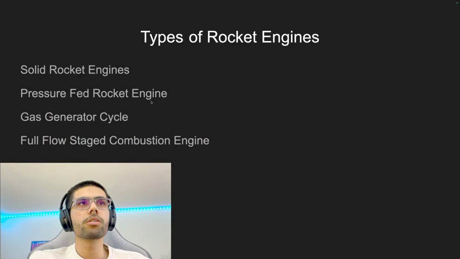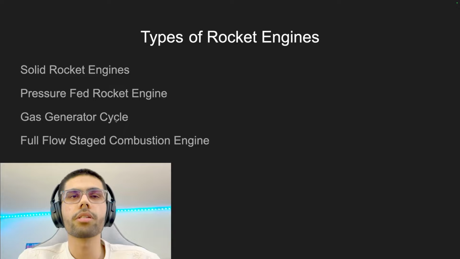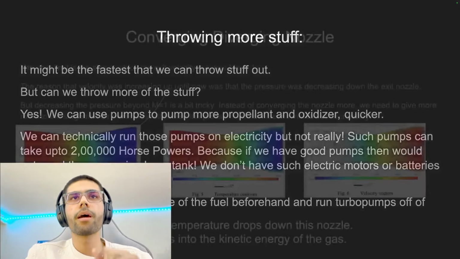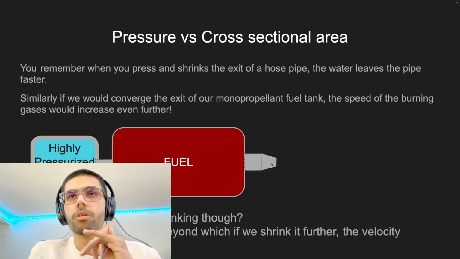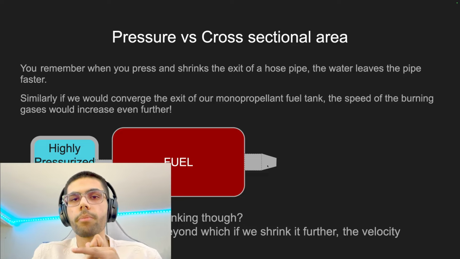So that brings us to the gas generator cycle. You generate some gas beforehand. You take the main fuel into your combustion chamber.